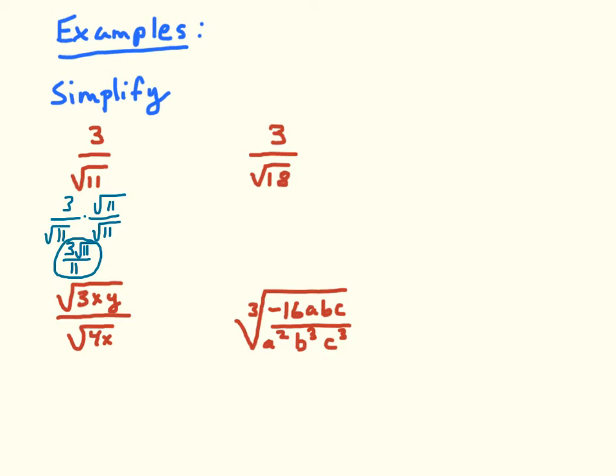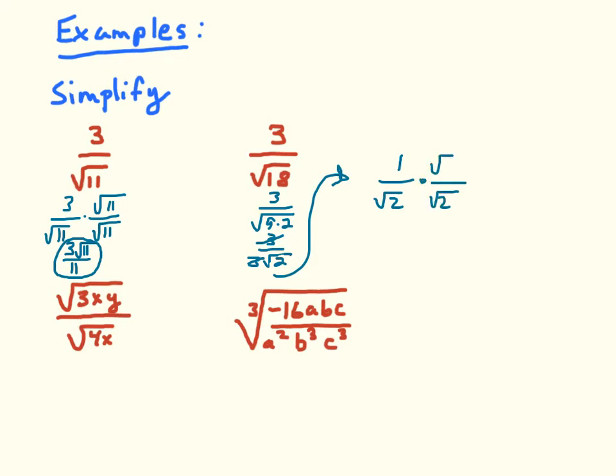In this next one I have 3 over, and I'm going to make that root 9 times 2, do some simplifying first before I rationalize the denominator, and that'll be 3 over 3 root 2, and so I can cancel those 3's, so right now what I have is 1 over root 2. I'll rationalize the denominator just like I did on the previous page by multiplying square root of 2 over square root of 2, and I get root 2 over 2, and that's my final answer on that one.